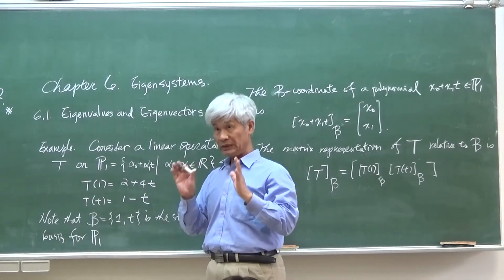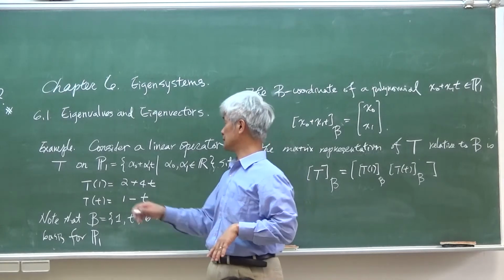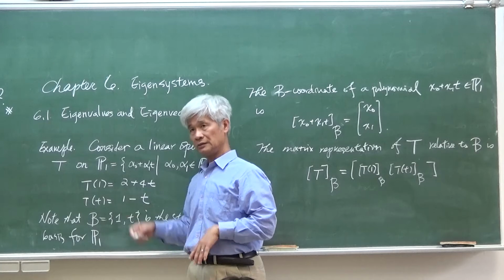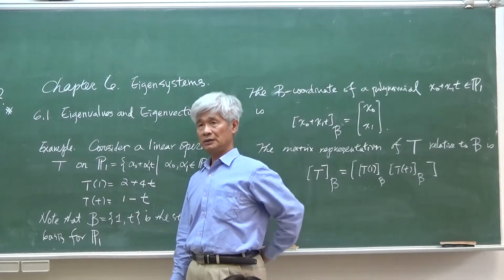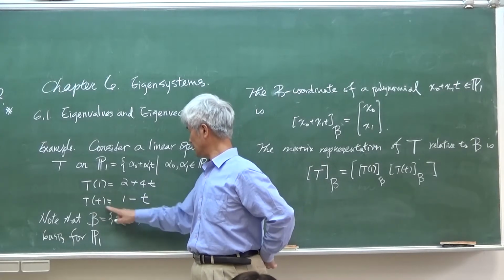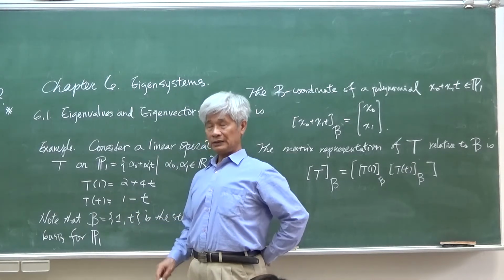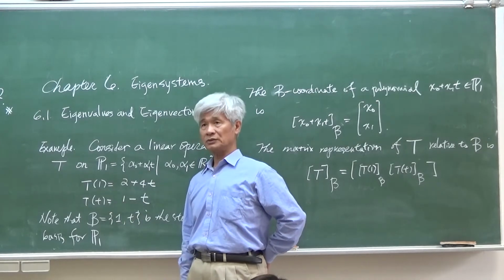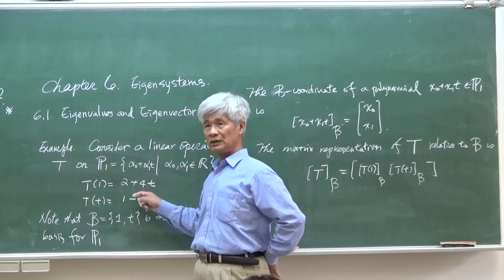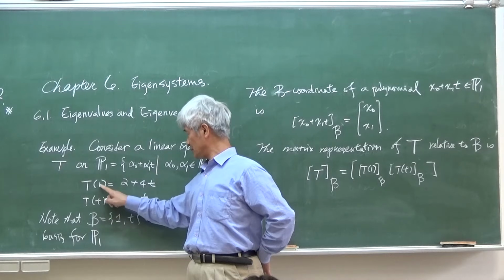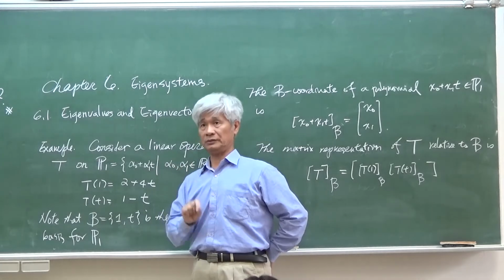You can uniquely determine a linear operator if you assign images for the basis vectors. If 1 and t could not constitute a basis, then it's questionable. For example, if these two vectors are linearly dependent, then their images must be linearly dependent.